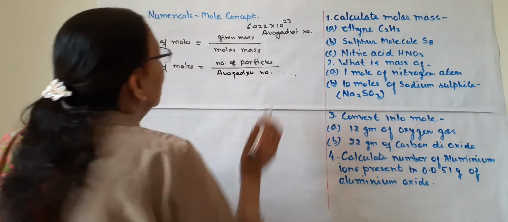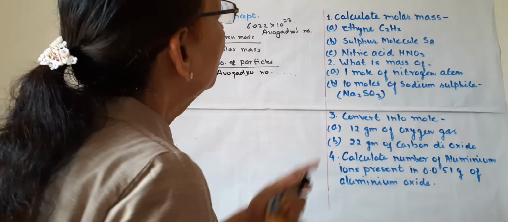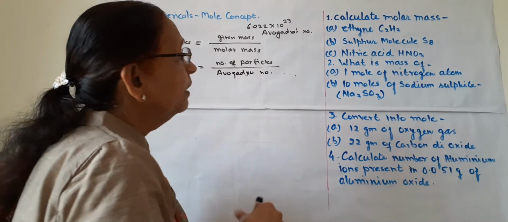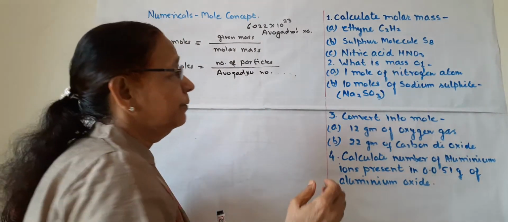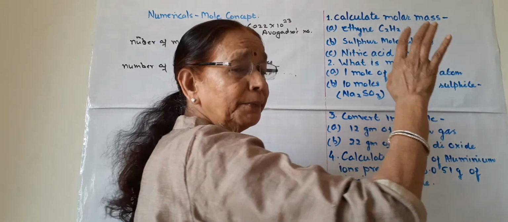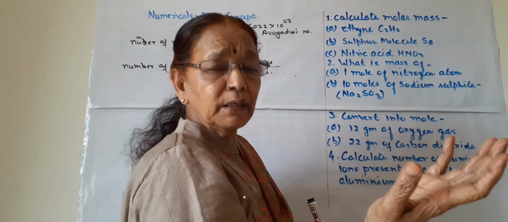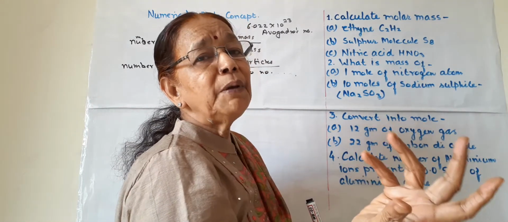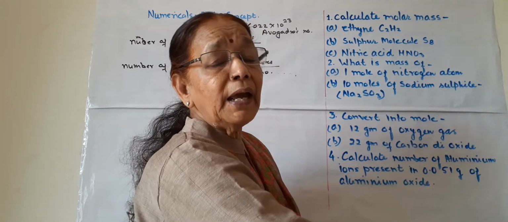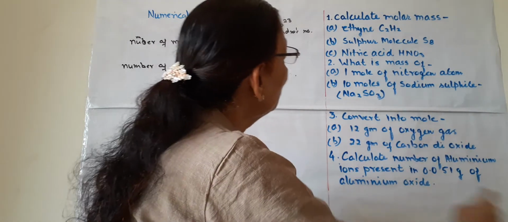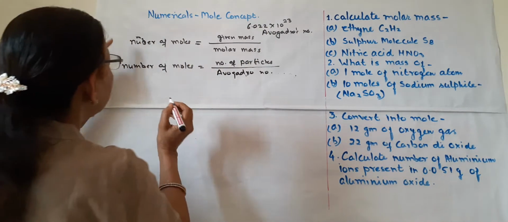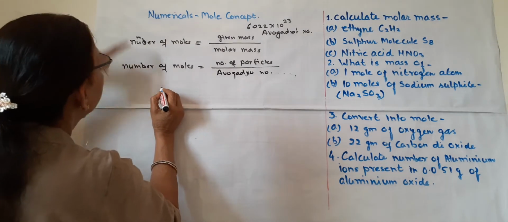Now coming to the second, what is mass of 1 mole of nitrogen atom? We know, this is the simple question. We know the mass of nitrogen atom, atomic mass is 14 and molar mass will be 14 G. So it is simple, 1 mole of nitrogen atom will have 14 G. But if we want to calculate it by this formula, we can calculate number of mole is given in this formula.